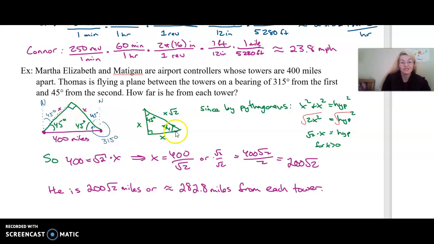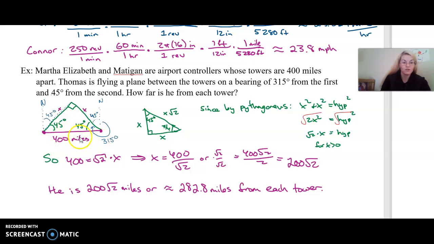So again, if you have x, x, the hypotenuse is going to be x rad 2. Again, since by Pythagoras, if you don't remember this relationship of your 45, 45, 90 triangles, you can always use Pythagoras to rederive it, right? Your hypotenuse is going to be x times the square root of 2 for positive x, which you're always going to have in this case. So how far is he from each tower? Well, he's x away from each tower.